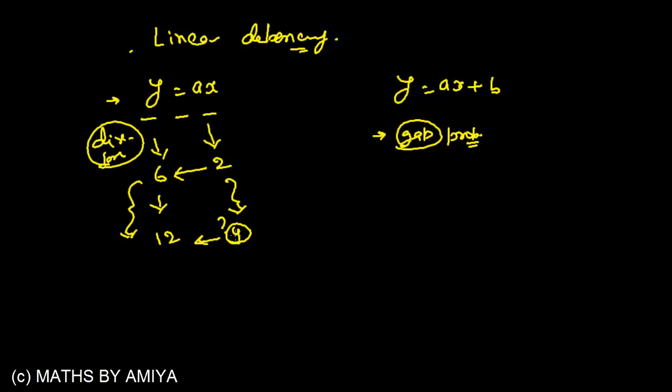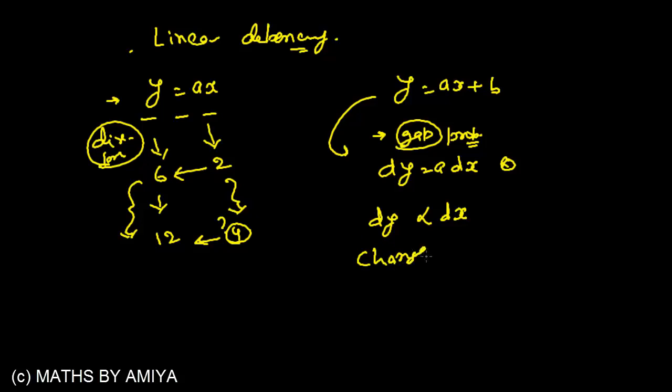Okay, this is direct proportion when we do not have any constant term. But when we have a constant term, for the people who know calculus, we can say this is dy plus a dx. So again the constant term is 0. So we can say that dy is directly proportional to dx. What it means is the change in y is directly proportional to the change in x.